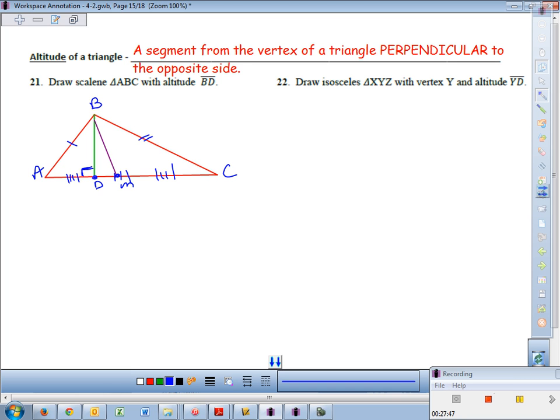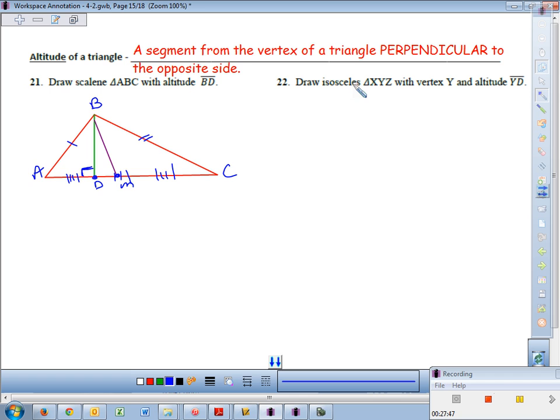What's segment BD in this picture? Is that median the same as that altitude in this triangle? No. What kind of triangle was this? It was a scalene triangle. And I drew a median from point B, and I drew an altitude from point B, and they weren't the same thing in this scalene triangle.